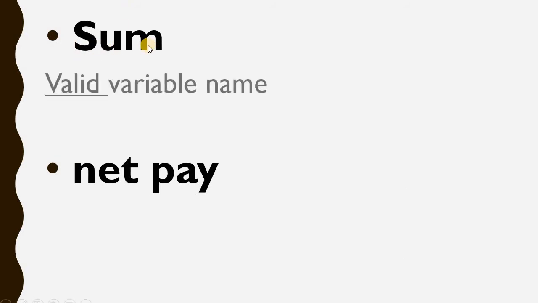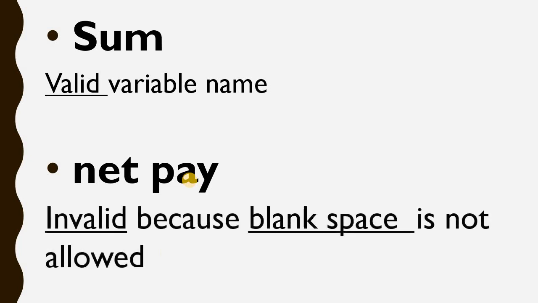Then next we have sum. Yeah, sum is a valid variable name. Then next variable name is net space pay. Give it a try. Yeah, it is invalid because blank spaces are not allowed while naming a variable.